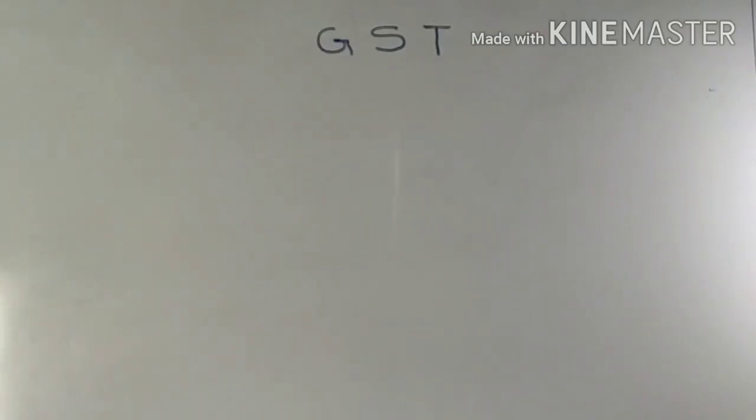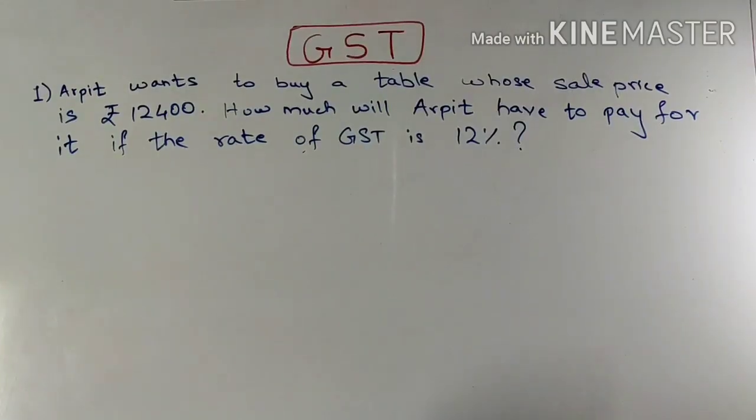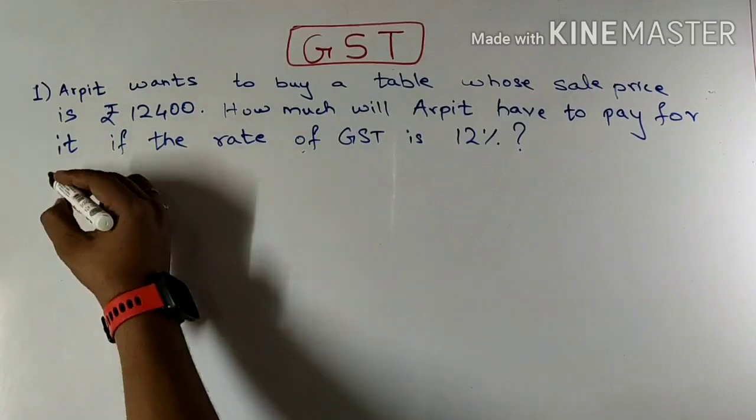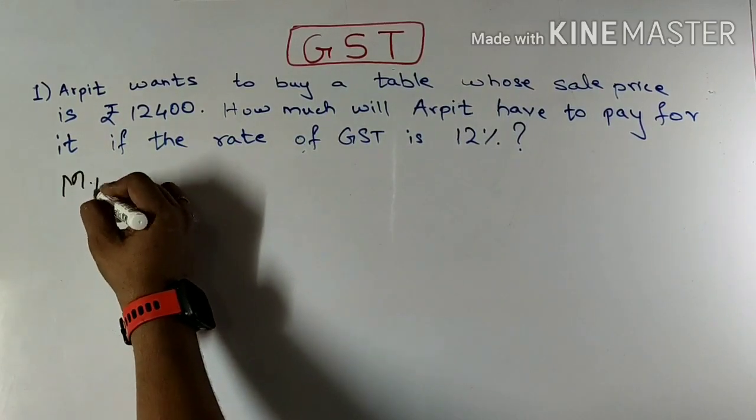Let's move on to the first problem for the day. Arpit wants to buy a table whose sale price is rupees 12,400. How much will Arpit have to pay for it if the rate of GST is 12%? So we know it's the sale price or the listed price, we may say, or the marked price. So I'll call it MP.